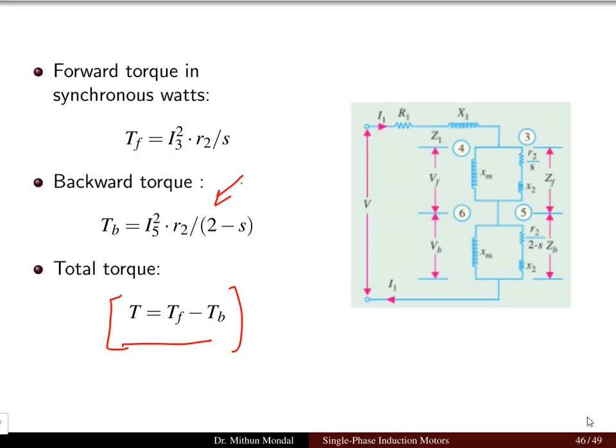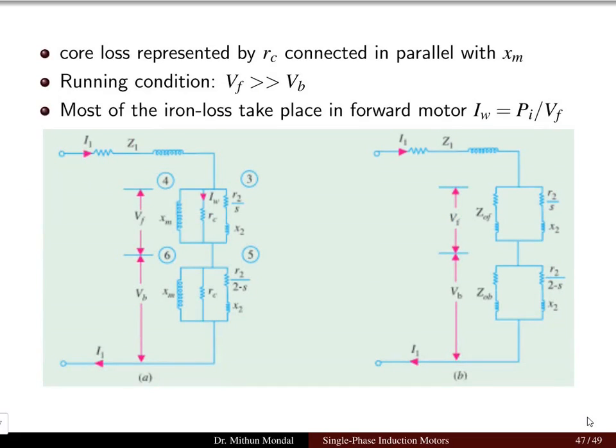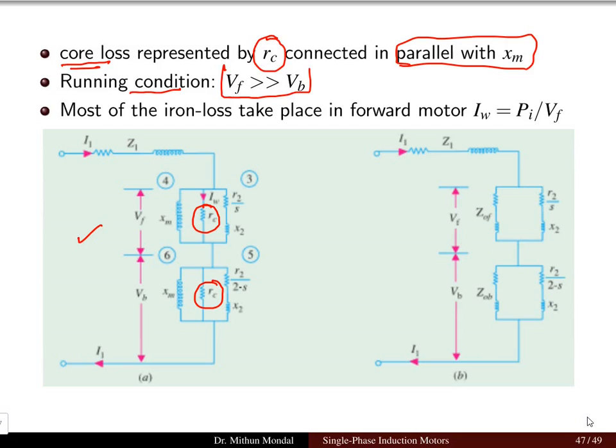However, if we include the core loss in the circuit, it is represented by Rc and it is connected in parallel with Xm. So here, if you see, Rc is connected in parallel with Xm, and this is the complete circuit of the single-phase induction motor including the losses. We know that under running condition, the forward voltage will be very much greater than the backward voltage, as discussed, about 90 to 95% of the supply voltage.